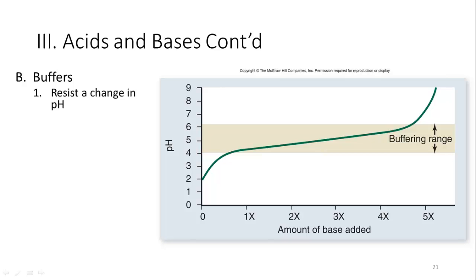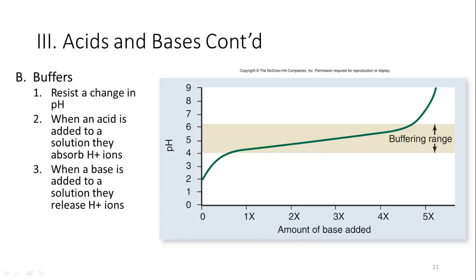Alright, buffers resist a change in pH, so I just mentioned how water is generally a good buffer. There are other solutions which are even better at buffers. So a buffer will stay relatively the same in pH, and that's what you see on this graph here, even as you add more and more of a base or more and more of an acid.